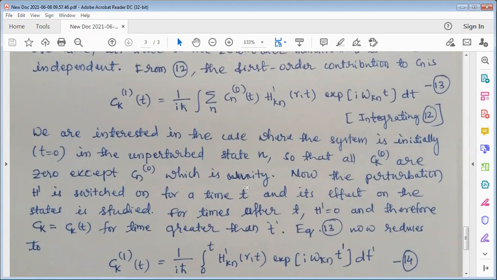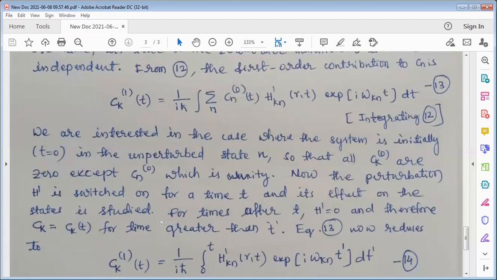So when the system is in the unperturbed condition, all the coefficients corresponding to the state k are 0, because still the system has not taken the transition. That is why all ck's are 0. But cn raised to 0 is not 0, because the system is in the state n only.